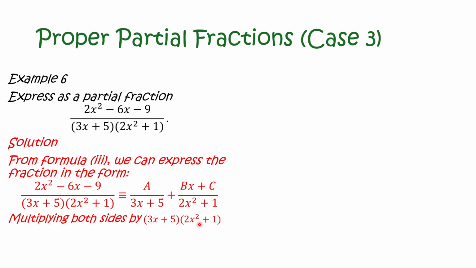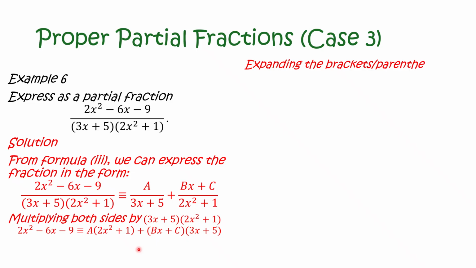And as usual, we will multiply both sides in order to clear the fractions by the denominator of what we have on the left hand side, that is (3x plus 5) times (2x squared plus 1). In doing so, we are going to get this new expression, which is actually an identity, because the left hand side is equal to the right hand side.